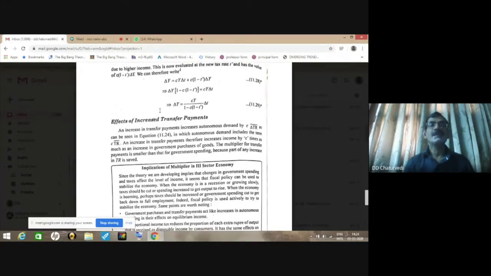So an increase in transfer payment increases the income by c times the increase in government purchases of goods. So the multiplier for transfer payment is smaller in comparison to government spending, because part of the increase in transfer is saved by the people.